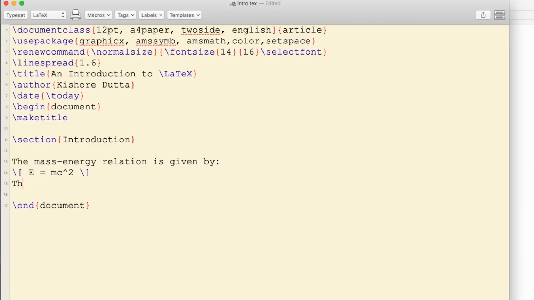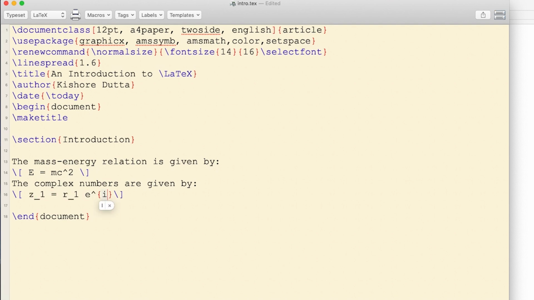For example, the complex numbers are given by z_1 = r_1 e^{i\theta_1}, \quad then z_2 = r_2 e^{i\theta_2}.